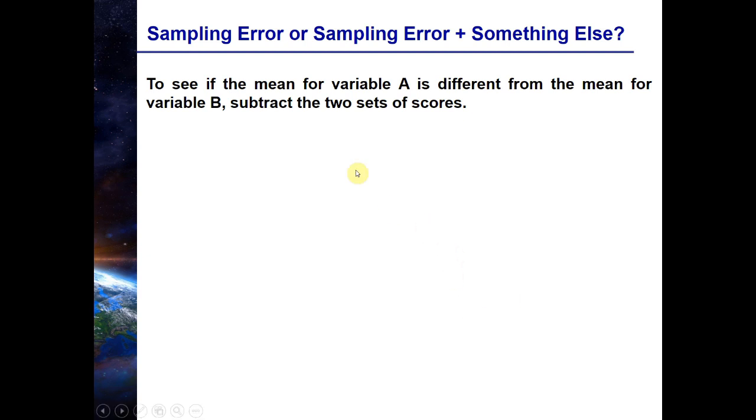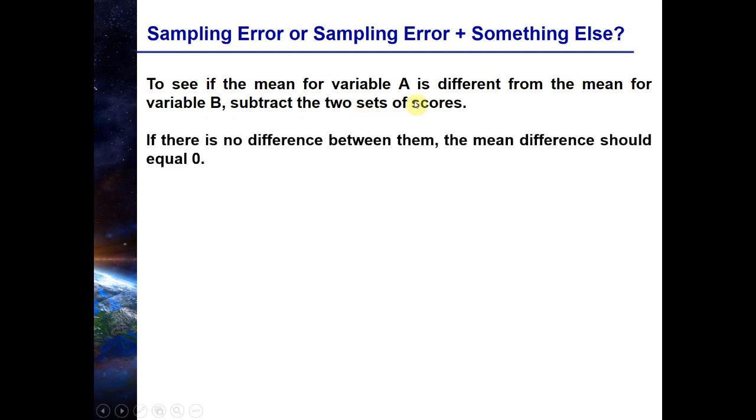Let's say we have a mean for variable A and a mean for variable B. As long as they come from the same people, measured on the same set of people, you can subtract the two sets of scores, and you're going to get an X bar that is a difference between A and B. If you draw a confidence interval around it, then as long as 0 is in that confidence interval, the most likely reason why the means are different is just sampling error.